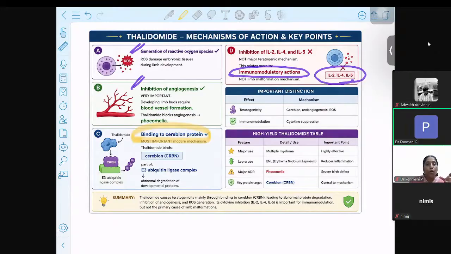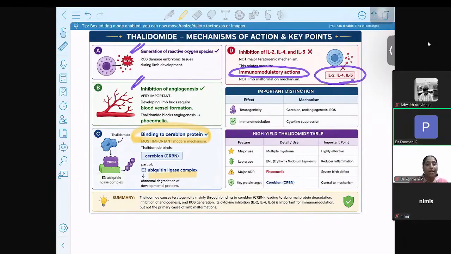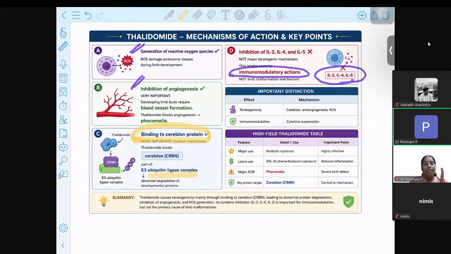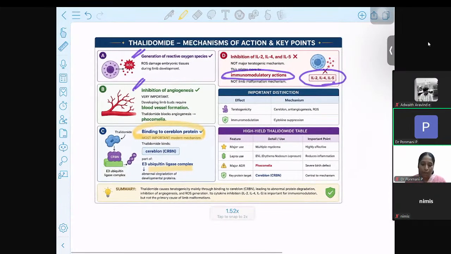Cereblon is part of a ubiquitin ligase complex. And when thalidomide binds, it inhibits the normal degradation of the developmental proteins. This is a new mechanism by which thalidomide causes developmental defects, that is, binding to the cereblon protein.